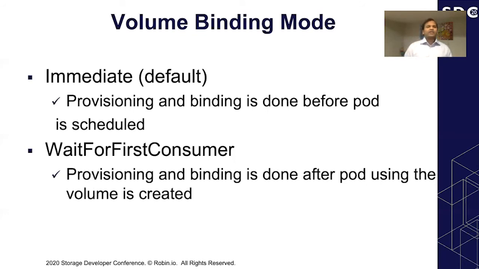But in wait for first consumer, the PVC provisioning and binding is only done after the pod is placed on the particular node. This gives the opportunity for the storage class to pick appropriate storage based on the pod placement.